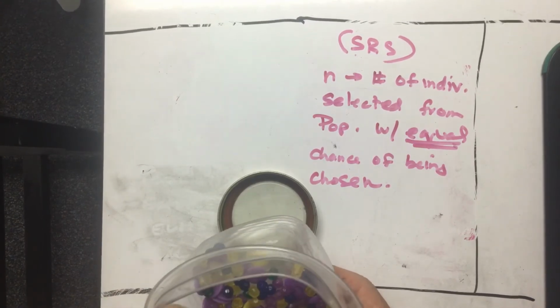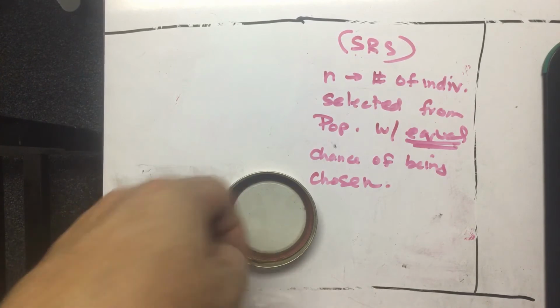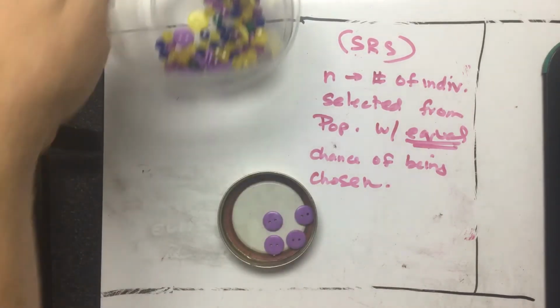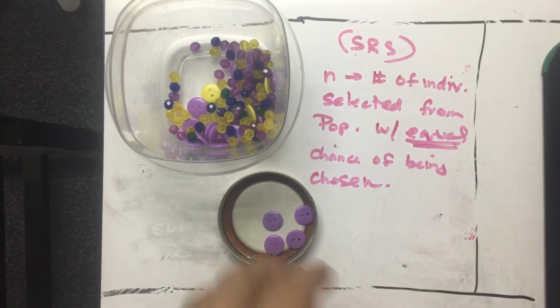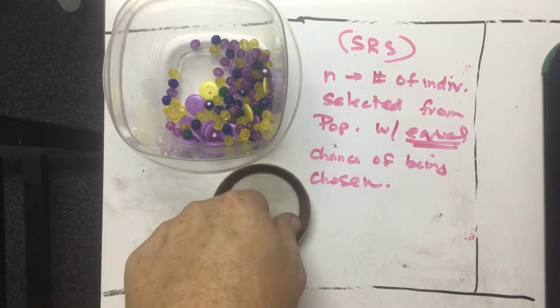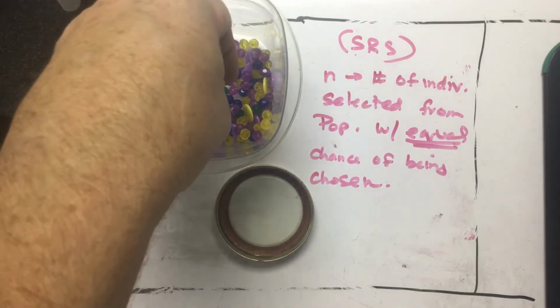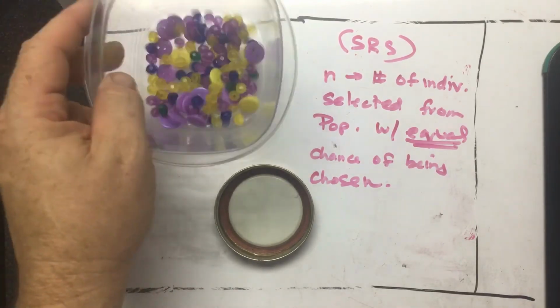So now all of a sudden, not everybody has a chance of being chosen because I'm looking in there and I just decided that I like purple. Okay? So a simple random sample is the ability of n number, any number, that's what n means, of individuals selected from a population, but they have to have an equal chance.